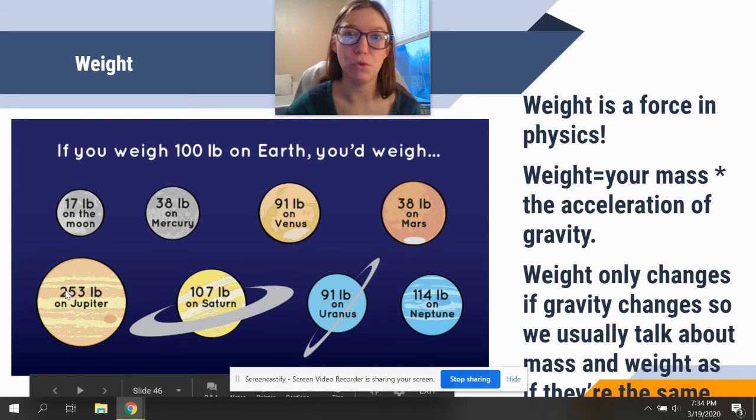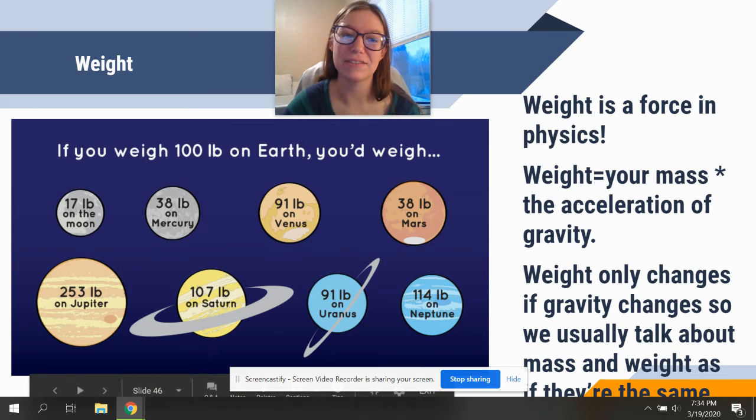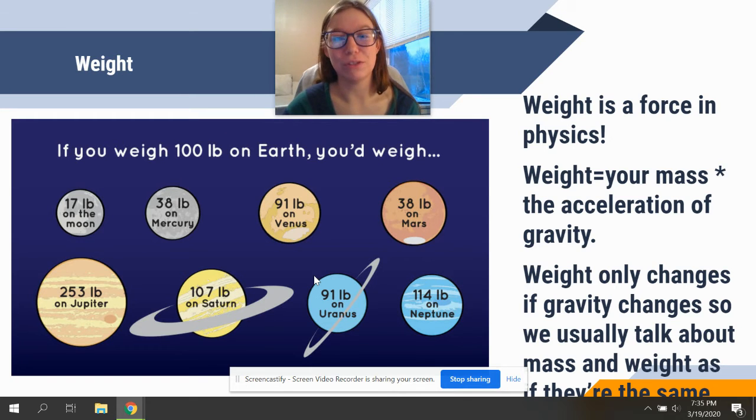So Jupiter is a more massive planet than Earth, therefore you weigh more on Jupiter. You weigh less on the moon because the moon is only a tenth of the size of Earth, and therefore you have less weight on that planet. Now you would have the same mass on all of these planets. You wouldn't all of a sudden gain or lose an arm, but you would feel different.